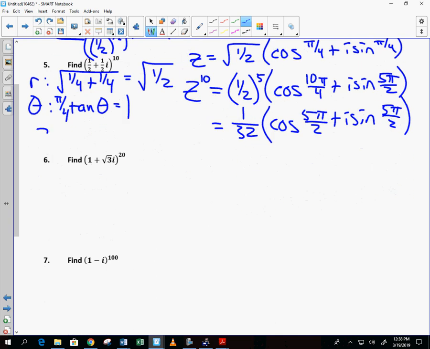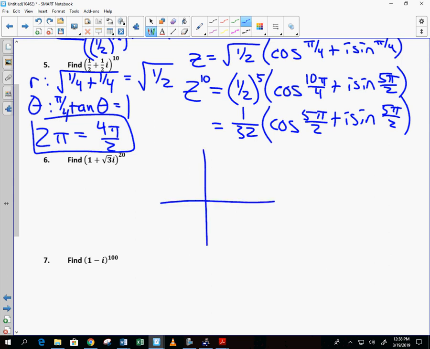Would everybody agree that 2 pi is the same as 4 pi over 2? Everybody agree that those are the same? So watch what's happening here. This is the only time I'm going to do it, but this refers back to coterminal angles in our work there. If you've got 5 pi over 2, that's 1 pi over 2, 2 pi over 2, 3 pi over 2, 4 pi over 2, 5 pi over 2. So isn't that the same as pi over 2? 5 pi over 2 brings you to the same spot as pi over 2.